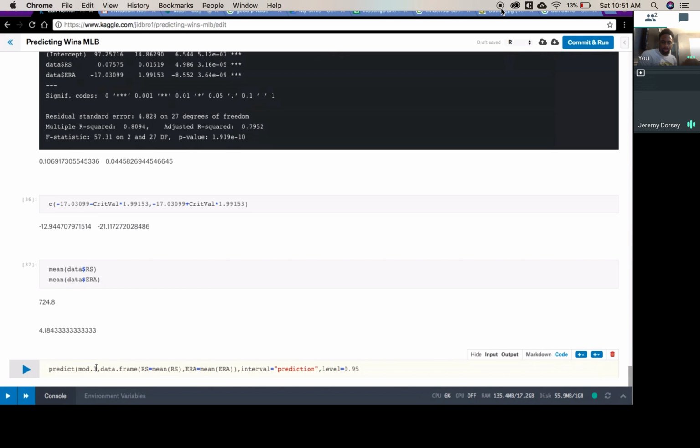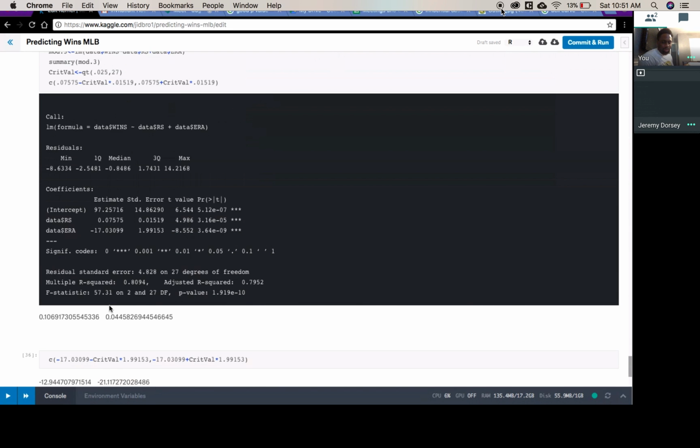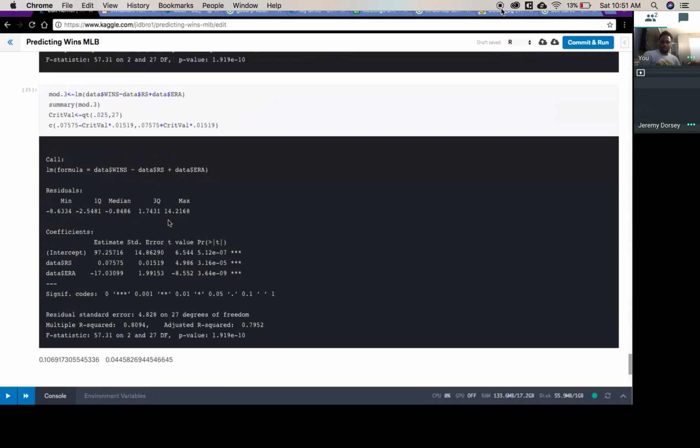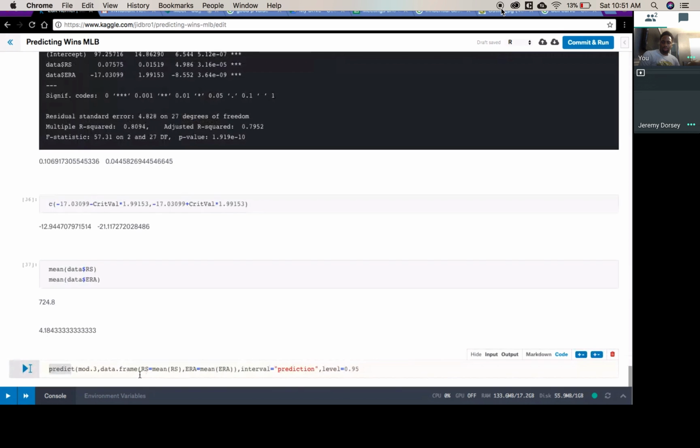Okay, so this is our function, and then the formula inside it. We're using mod.3, which is what we chose as our final model right here. And then the frame that we're using is the mean of run scored and mean of ERA, which I went ahead and calculated earlier so that you could see what they were.